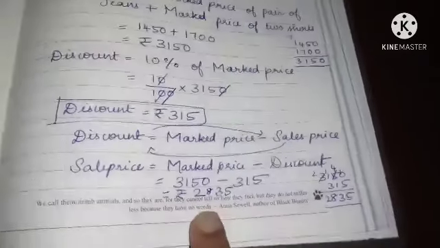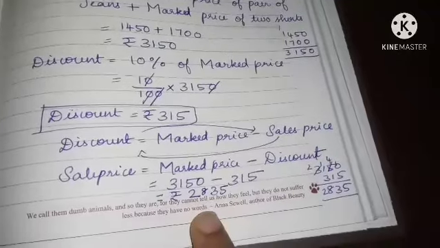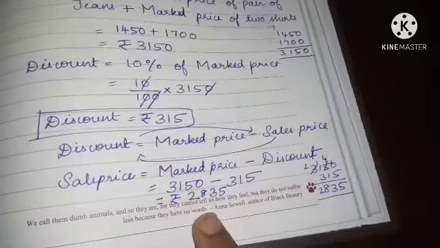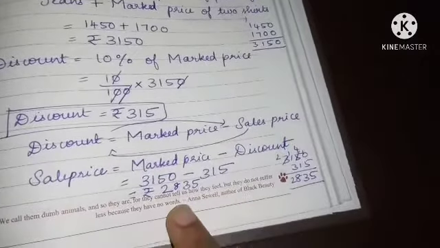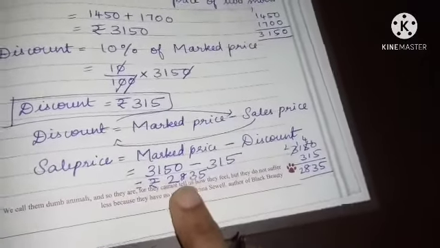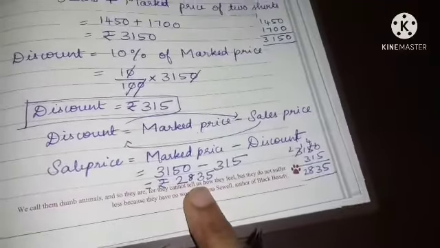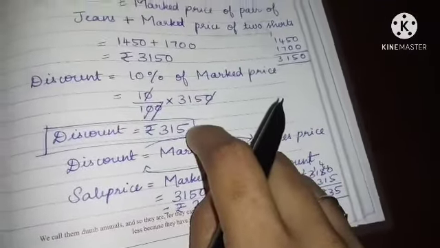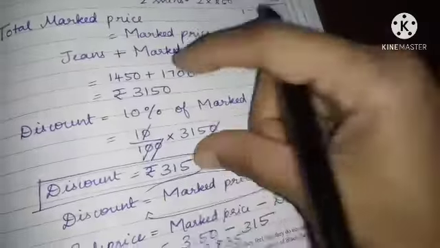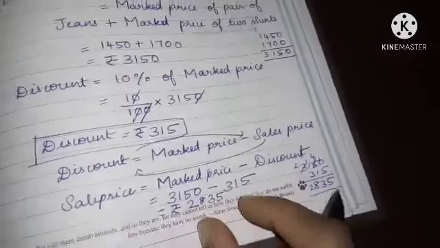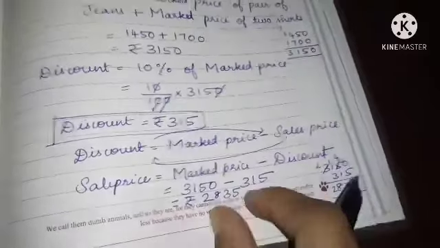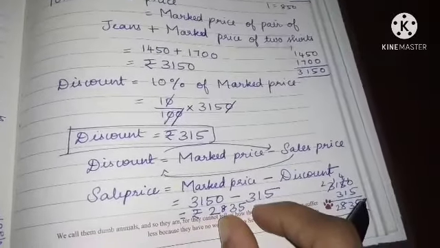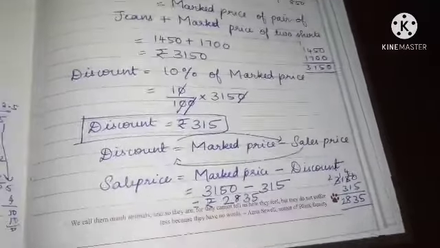So after this discount is deducted, the customer has to pay the shopkeeper rupees 2835. So in this, 315 rupees is your discount. So this is your marked price. If you subtract these two, you will get the sales price. So this sales price only you will pay to the shopkeeper. Understood?